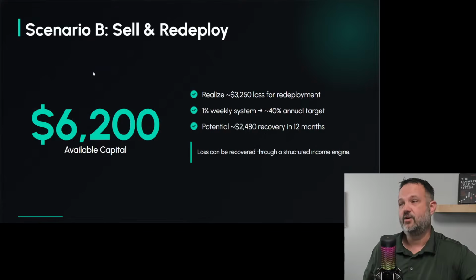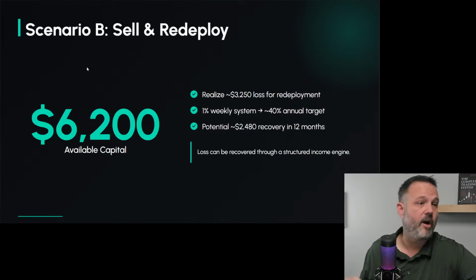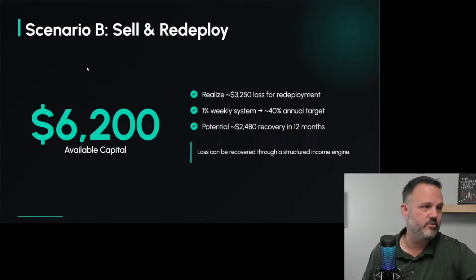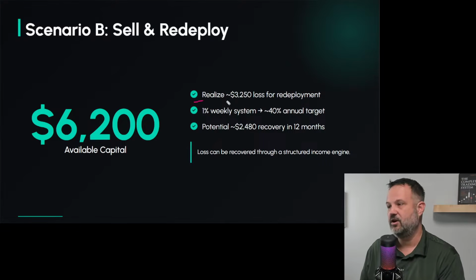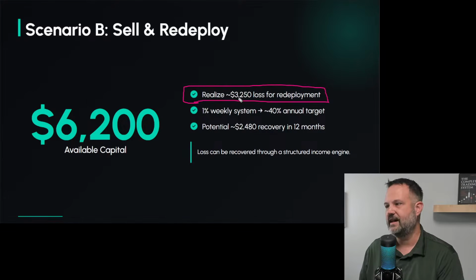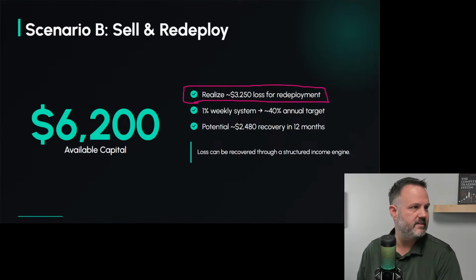Okay, so now let's go to scenario number 2. The first option was to hold and collect income. Option number 2 is we close it right now and realize a $3,250 loss. I think this is a good time to bring up the broker account.